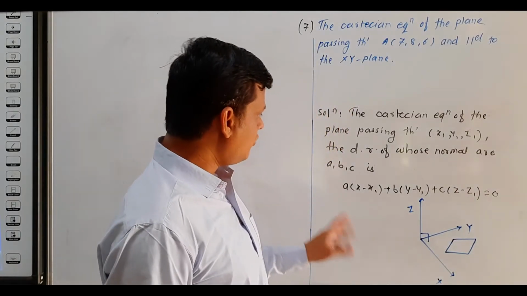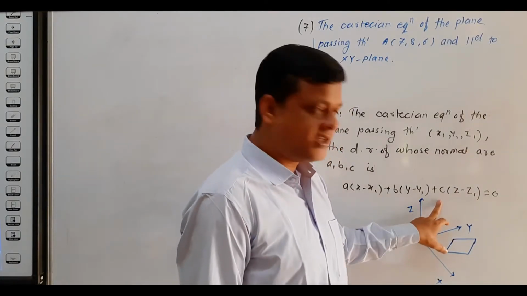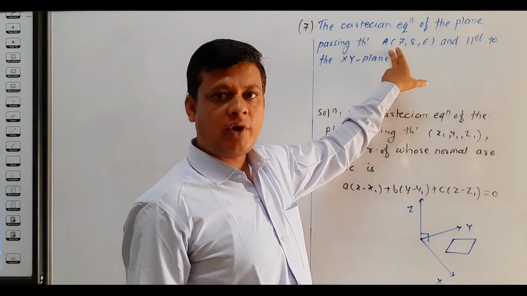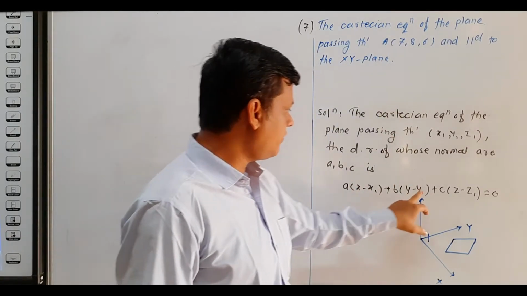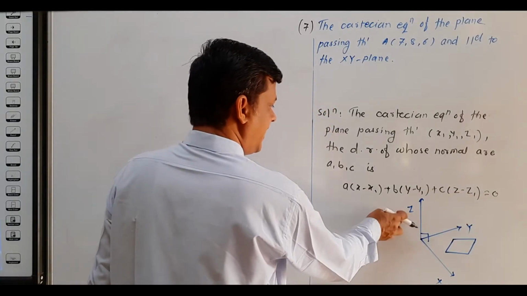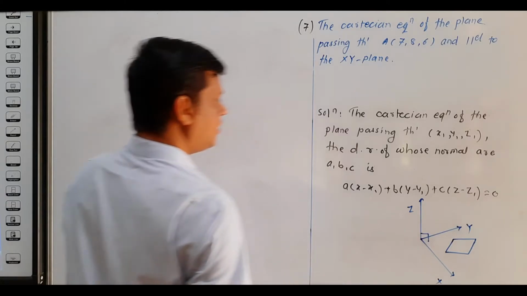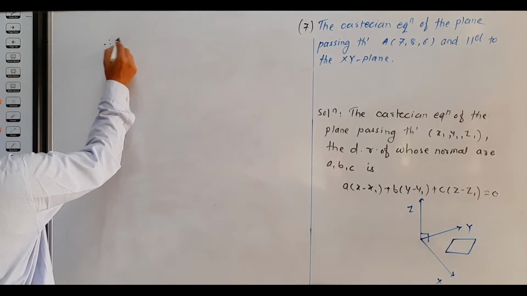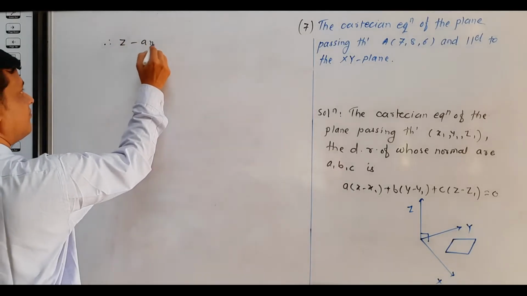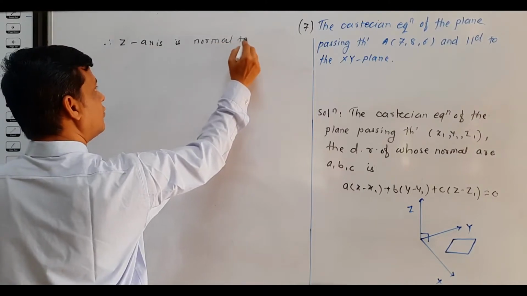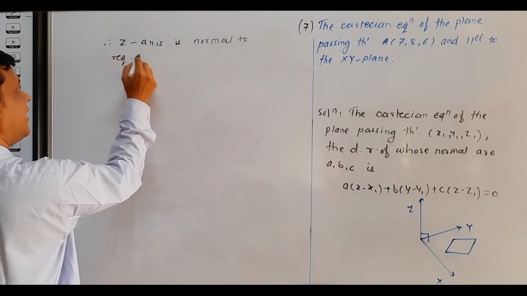Now here we have to find the value of A, B, C. Because coordinate of point is given, that means value of x1, y1, z1 is given. Now this z axis is the normal to required plane.